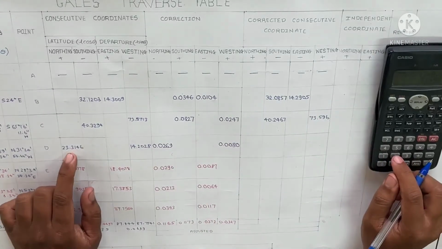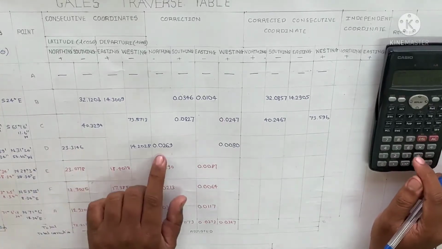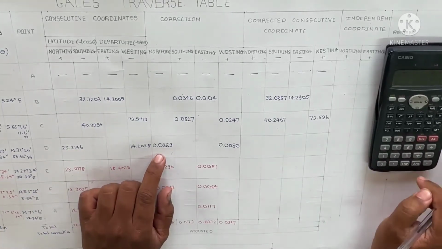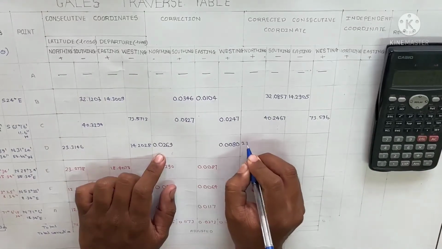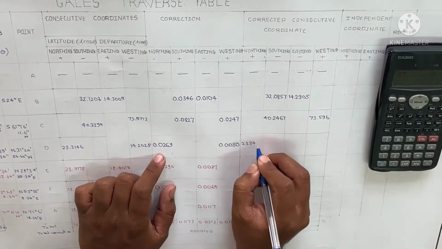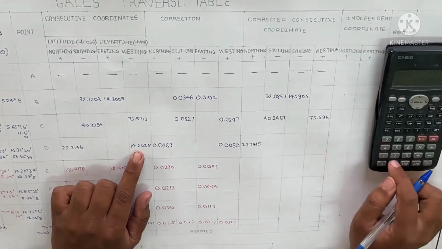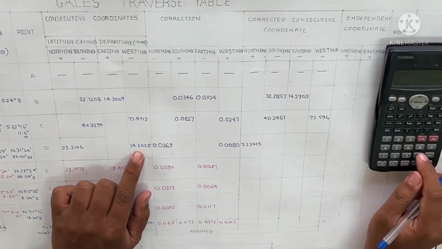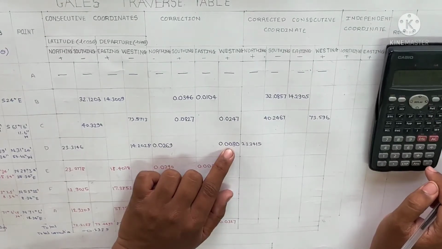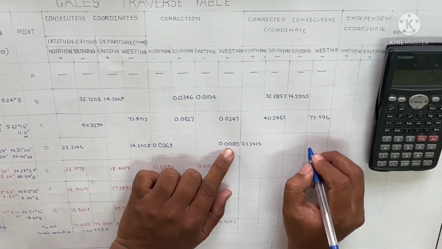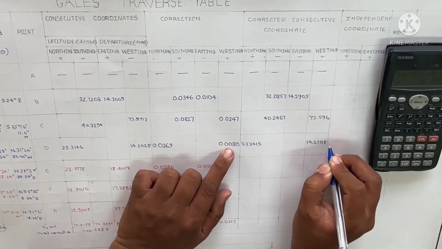Again summation of northing here, it is 23.3146 plus correction 0.0269, which is coming out to be 23.3415. Westing 14.2028 plus 0.0080, so it is 14.2108.